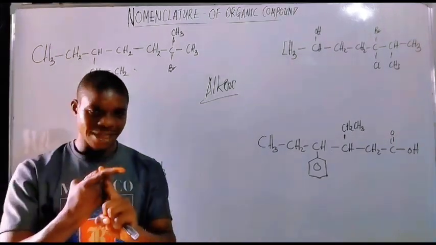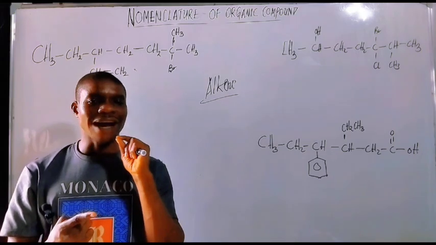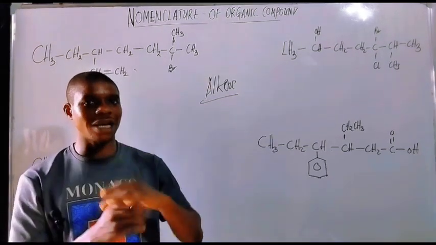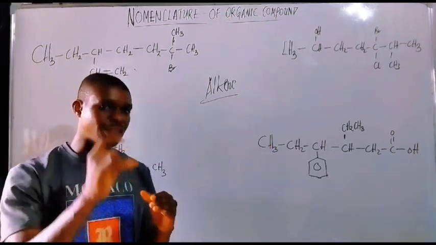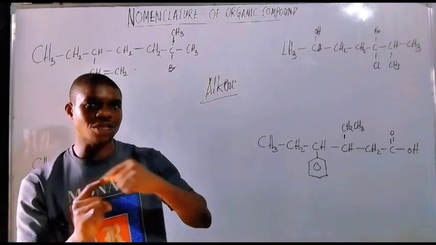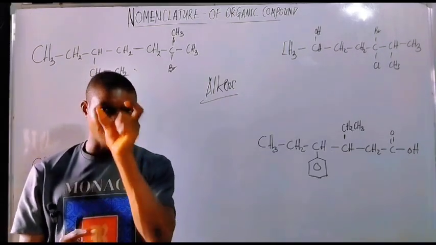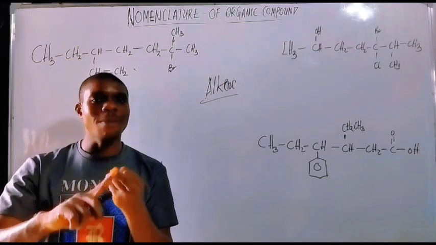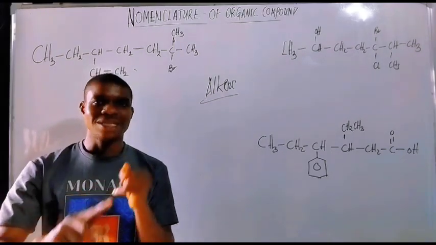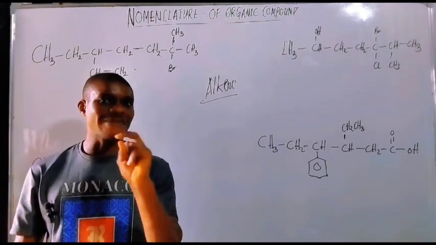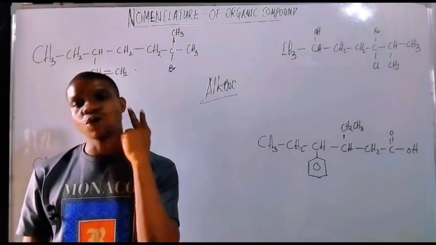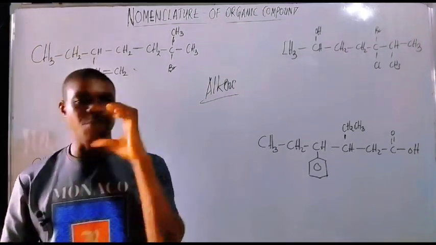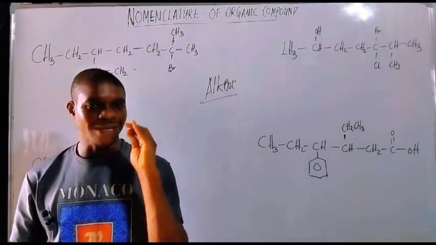Number one, the longest continuous carbon chain that carries the double bond is the parent chain. Number two, you must number it in a direction so that the carbon atom that carries the double bond has the lowest possible number. So those are the two key things you have to keep in mind in the nomenclature of the alkene.